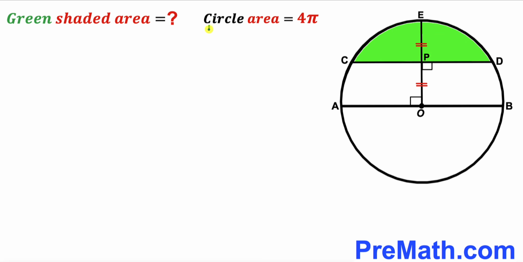And furthermore, the area of the circle has been given to us as 4 pi square units. And now our task is to calculate the area of this green shaded region.